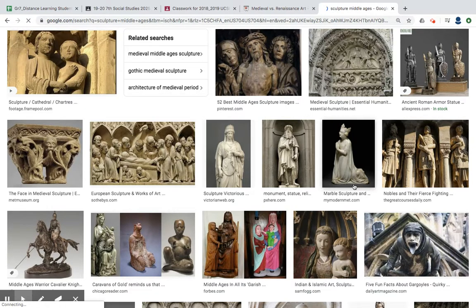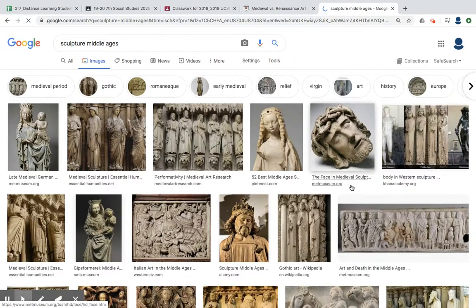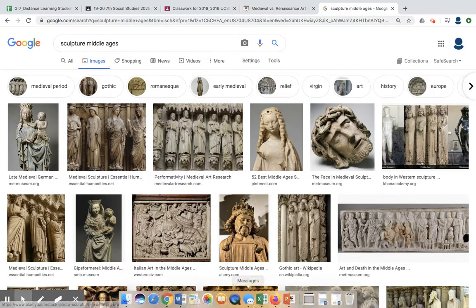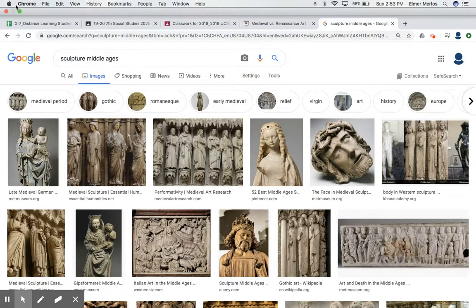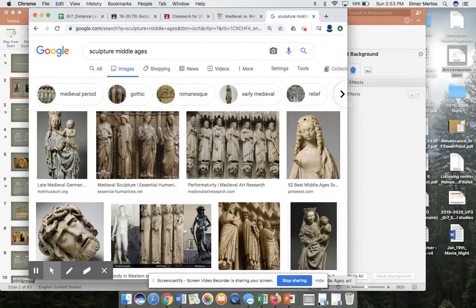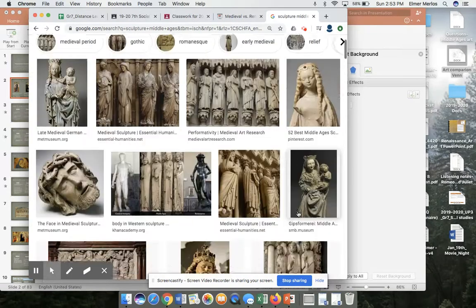So to summarize, medieval art is not realistic. It is mostly religious. It is controlled by the church. Sculpture is in relief. In relief means attached to the wall, and it is mostly religious.